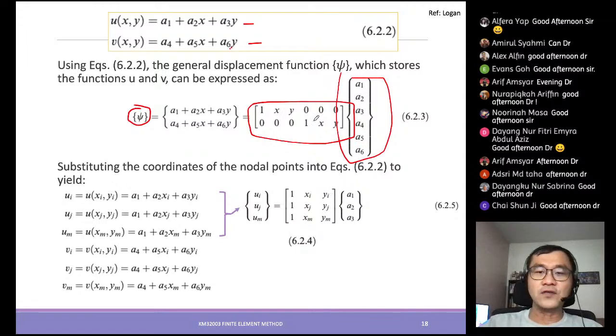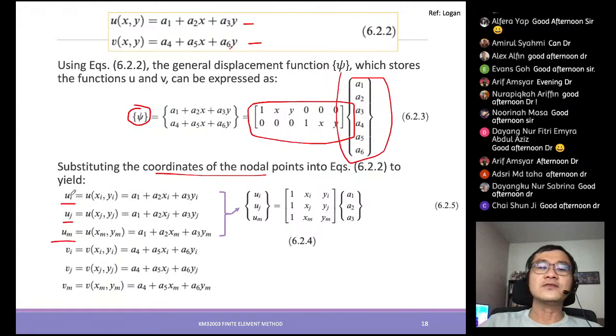When we resubstitute the coordinates of the nodal points, we have xi, yi, xj, yj, and so on, for every single node, because this CST has 3 nodes. There are I, J, and M nodes.